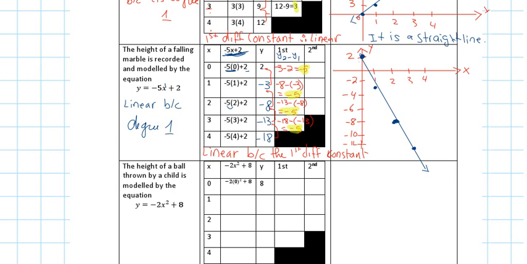So it's a straight line. Did we expect that? Yes, we did, because we said from the equation it's a linear function. We have also looked at the table of values, and both of them showed me that this is going to be a linear function.